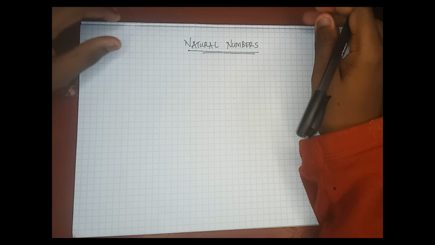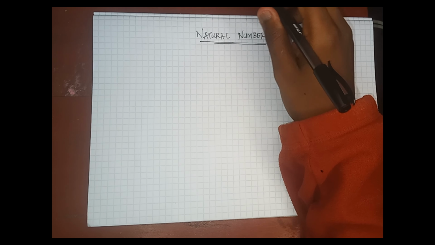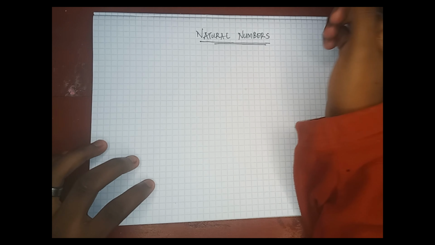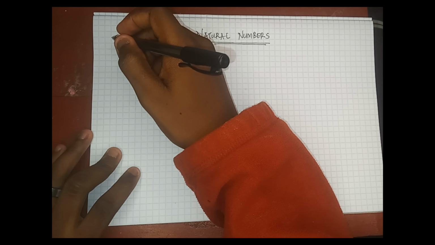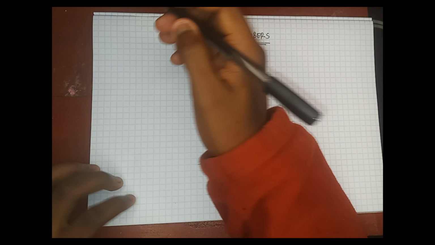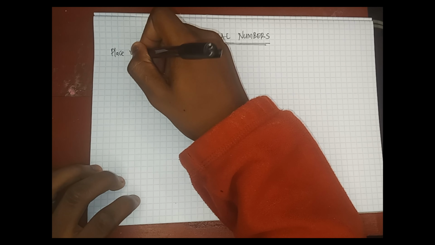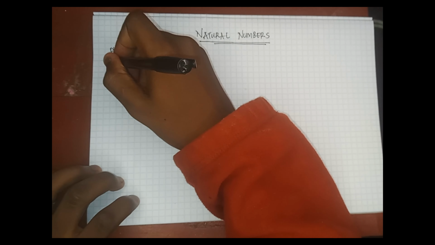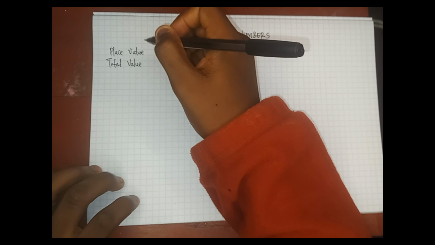So the objectives of this topic are: by the end of this session, you should know the meaning of the following terms, that is place value, total value.